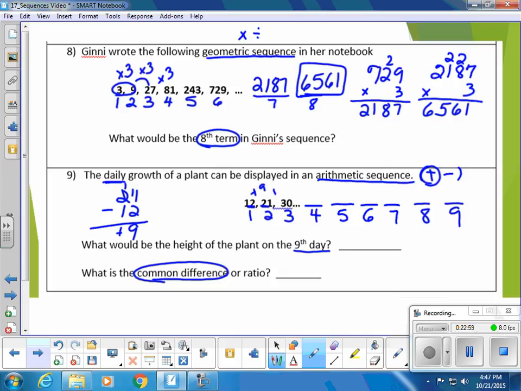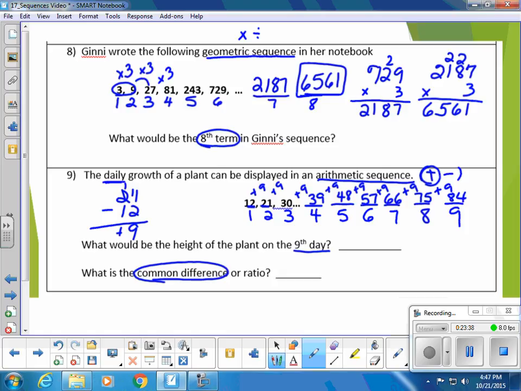21 plus 9 gives me 30. 30 plus 9 gives me 39. 39 plus 9 gives me 48. 48 plus 9 gives me 57. 57 plus 9 gives me 66. 66 plus 9 gives me 75. 75 plus 9 gives me 84.